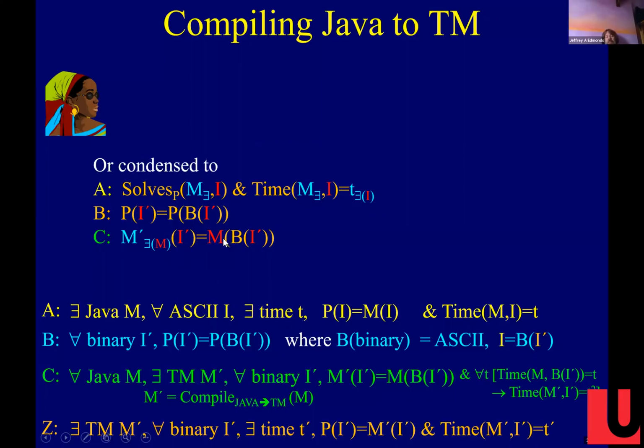Red M is our Java program. It's arbitrary, right? That's why it's red. You give me a Java program. Then I can come up with the Turing machine that's a function of the Java program, such that no matter what input I give it, the two give the same answer, right?